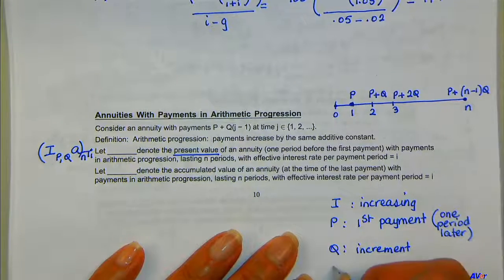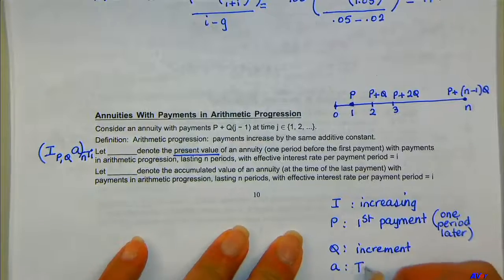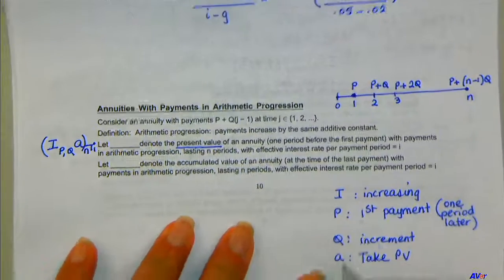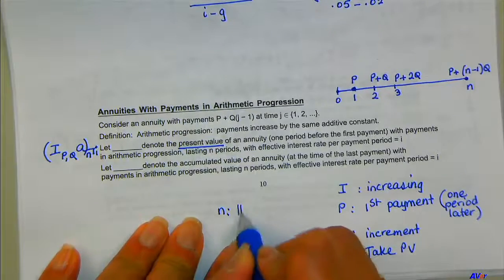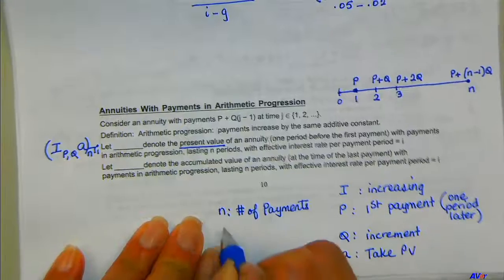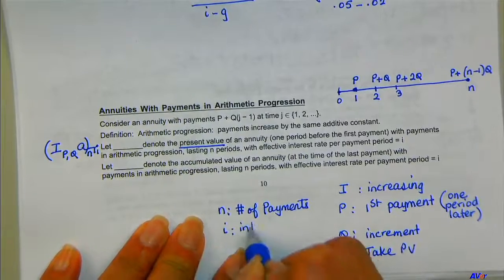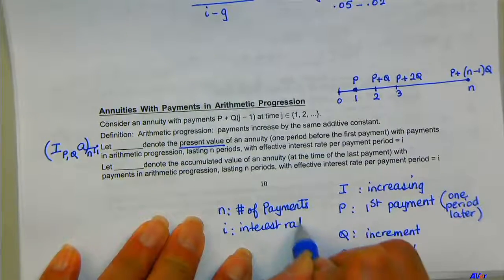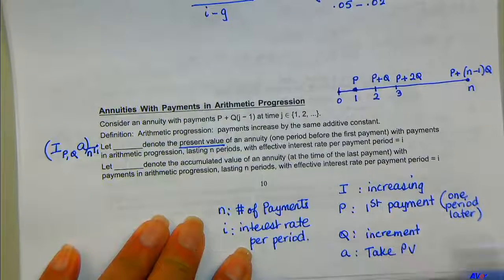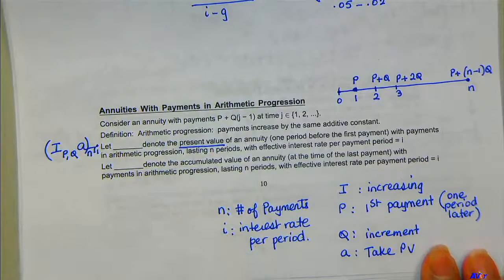And A, because you're taking present value. And n is the number of payments. And i, of course, is the interest rate per period. Remember, the interest rate has to match the period, right? So if you're talking about 1 year, it has to be the annual rate. If you're talking about 1 month, it has to be the monthly rate. Okay, so next page.